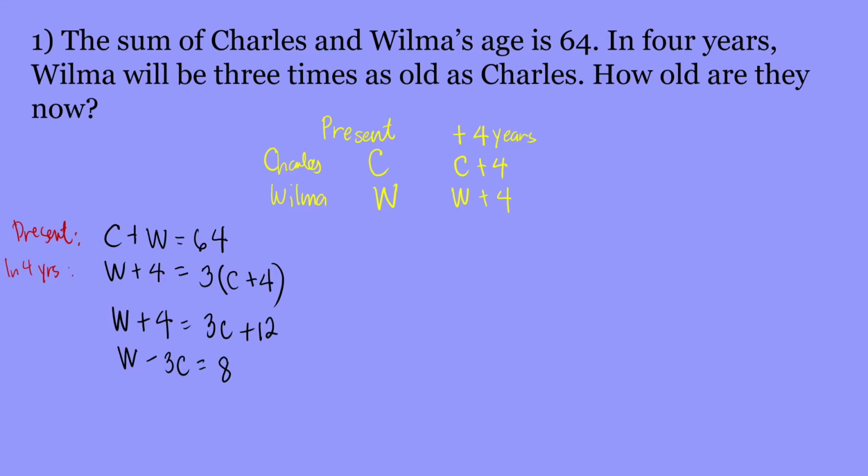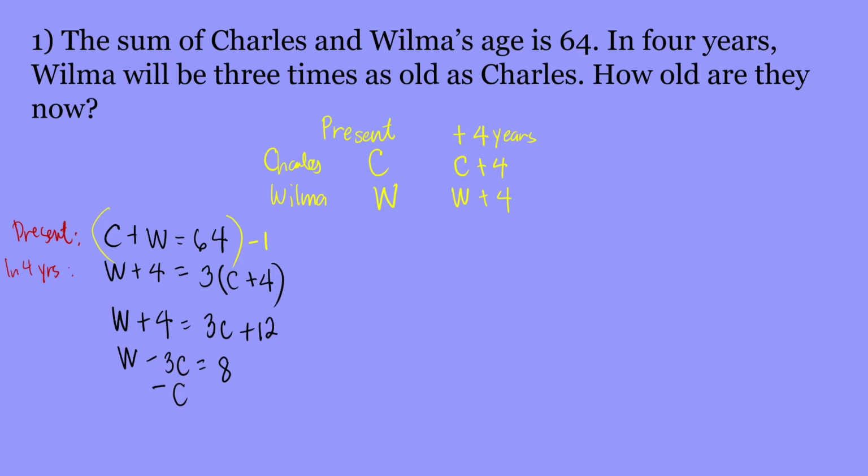Now, let us multiply the first equation, C plus W equals 64, by negative 1 so that we can cancel out the W. If we have negative W, it will be cancelled out with this positive W. Now, negative 1 times C is negative C. So let us write negative C here so that it will be aligned to this variable, negative 3C.